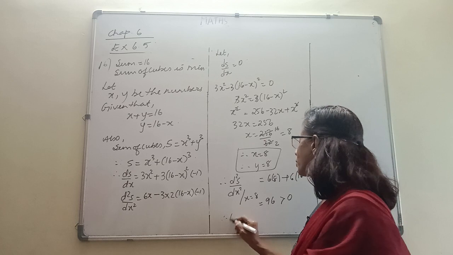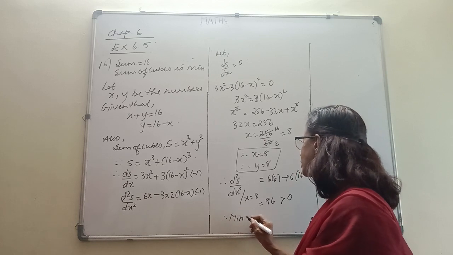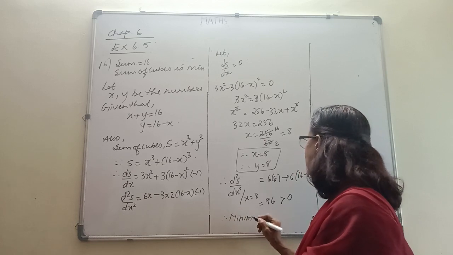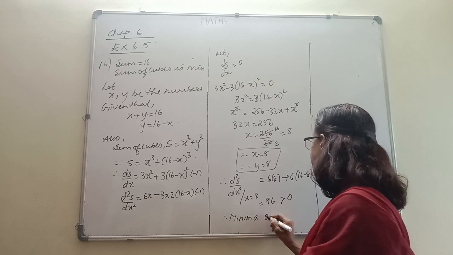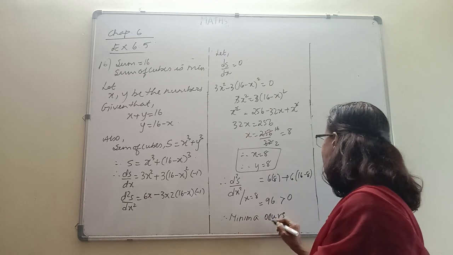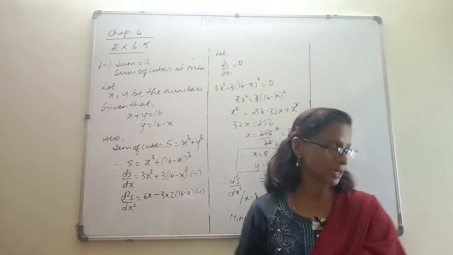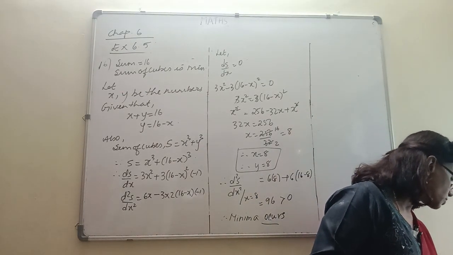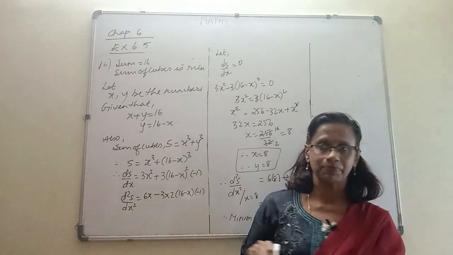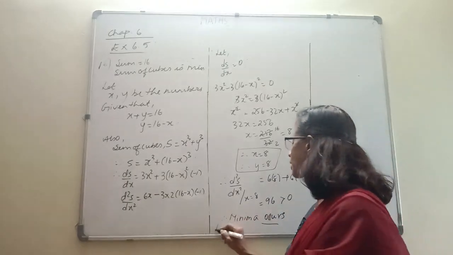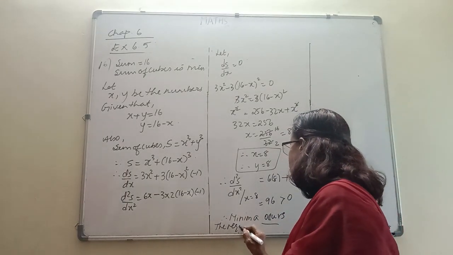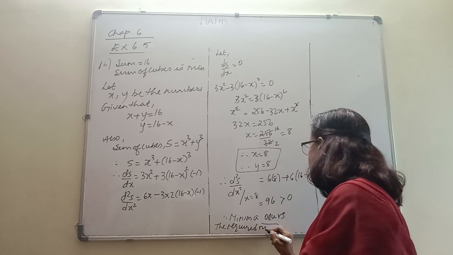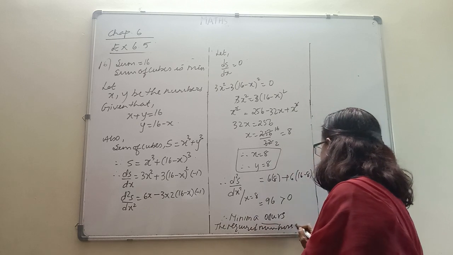Therefore, a minimum occurs. They asked us to find the two positive numbers whose sum is 16 and whose cubes' sum is minimum. The required numbers are 8 and 8.